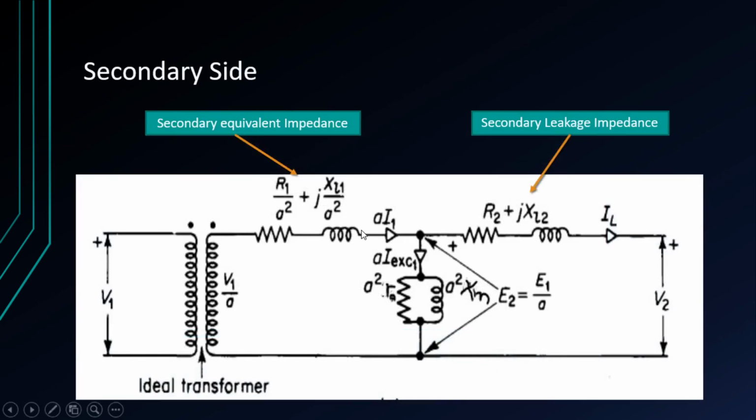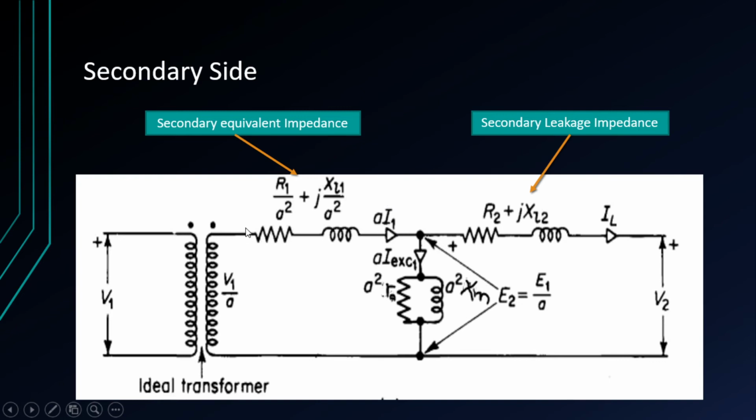Next, we have here the A sub 1, A multiplied by I sub 1, or the primary current. So, yon. Diba, under process na nung transformer, meron tayong ma-generate na current.